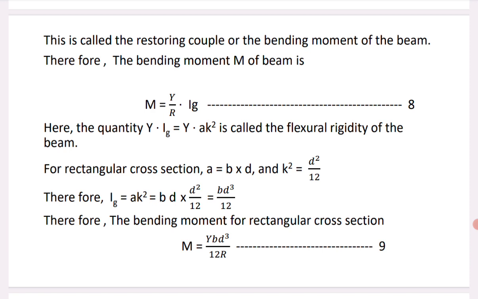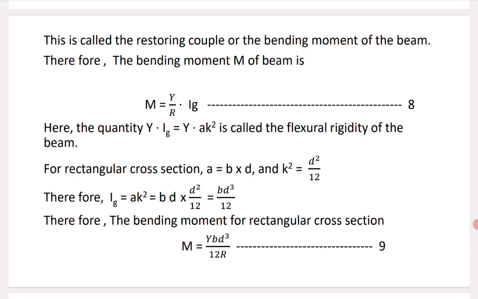For a rectangular cross section of the beam, A is equal to B into D, where B is the breadth of the beam and D is the thickness of the beam. For a rectangular cross section, the radius of gyration is given by K square equal to D square by 12. Substituting the values of A and K square in the above equation, we get Ig equal to A K square, which is equal to B D into D square by 12, that is B D cube by 12.